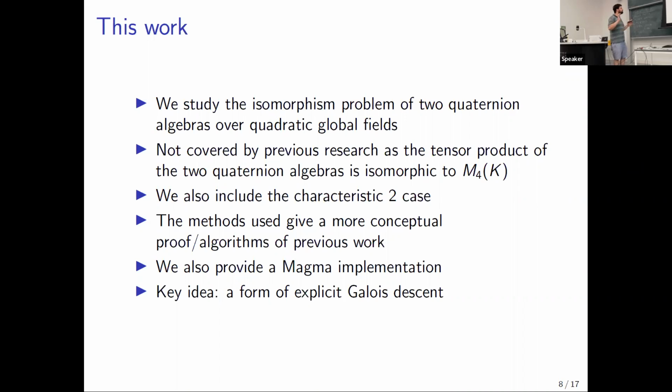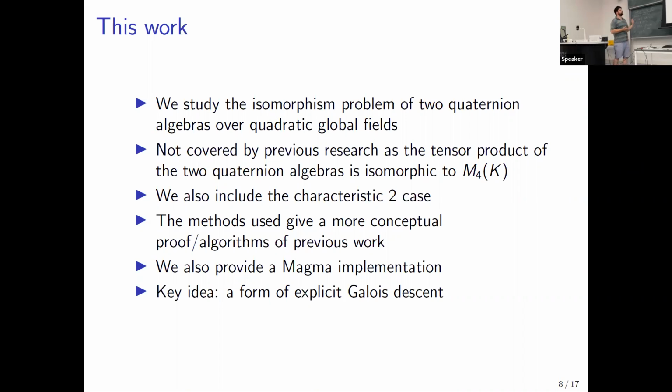And the key here, I think, is a method that hasn't been used before, and I think it's interesting and hopefully will have other applications: namely, to use a form of Galois descent. So what does this mean? Suppose you're given an algebra which is isomorphic to M_n(K), where K is a big number field, not Q or F_q(t). Then the algorithms become really bad because this lattice is huge.